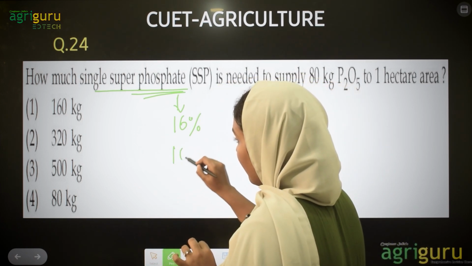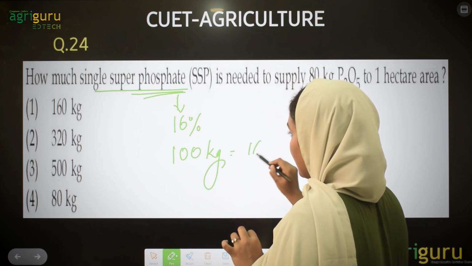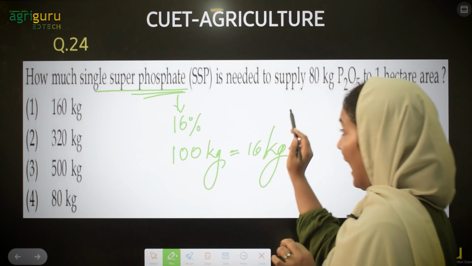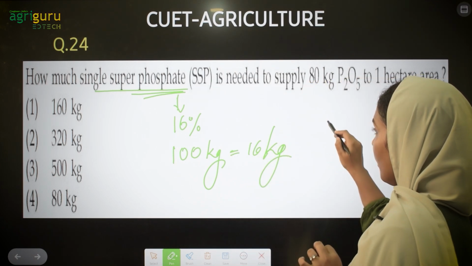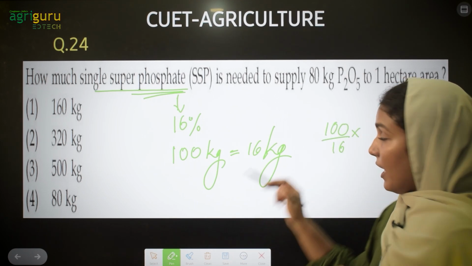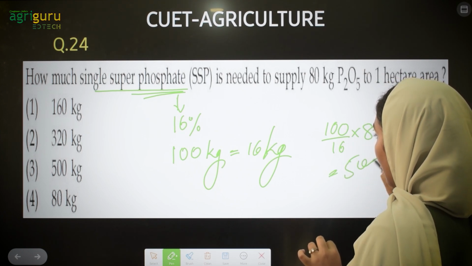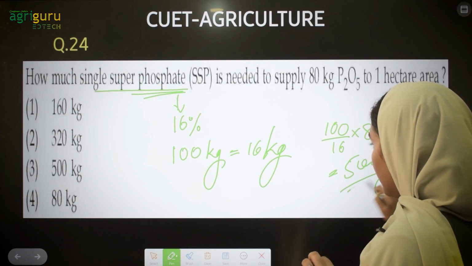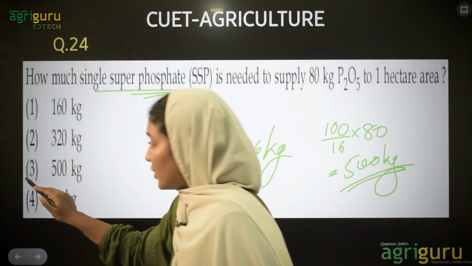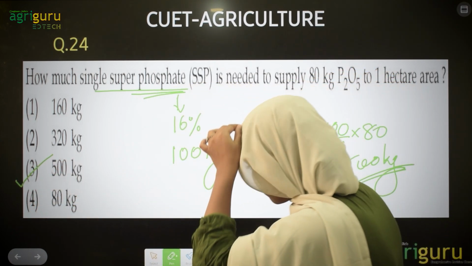That is, from every 100 kg, we will be getting 16 kilogram. So for getting 80 kg of P2O5, we will need 100 by 16 into 80, that is 500 kg. 500 kg of single superphosphate is required to get 80 kg of phosphorus. The right answer is option number 3, that is 500.